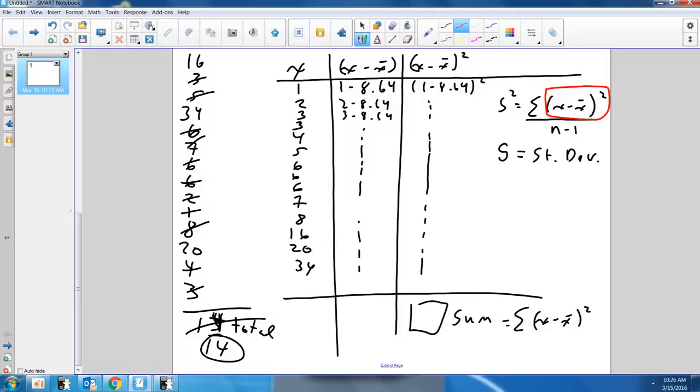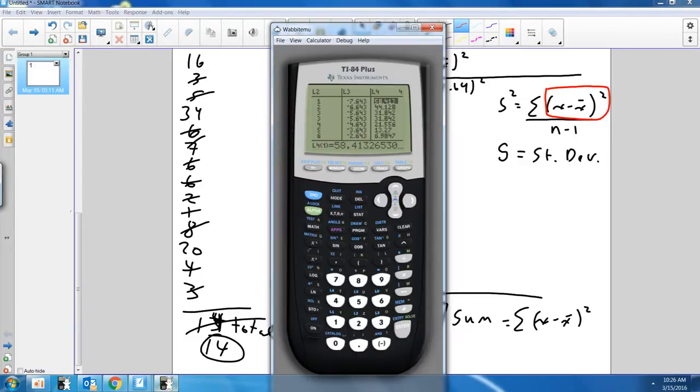Now what I have to do is sum it up and then divide by n minus 1. So let's go ahead and do that on here. And you can see how important that calculator is in keeping these numbers straight. If you had to do this by hand, it'd be not so pleasant.